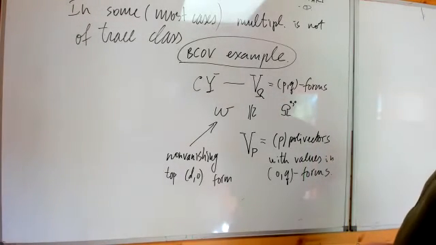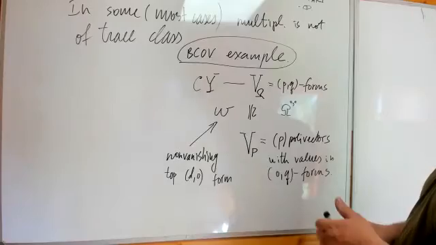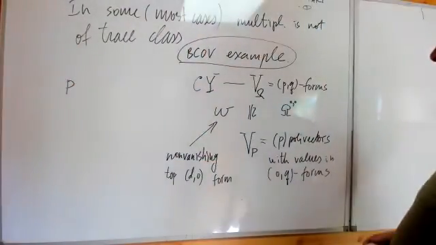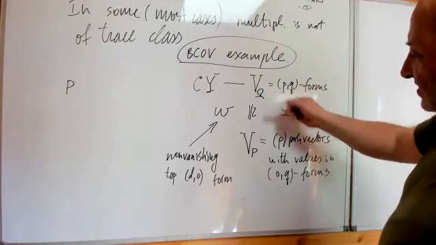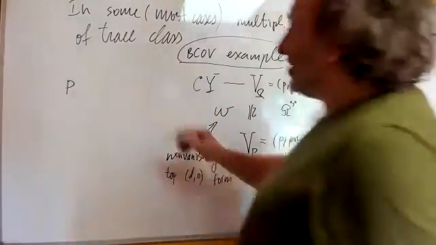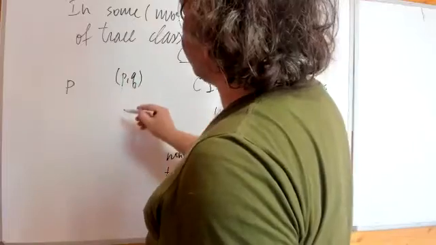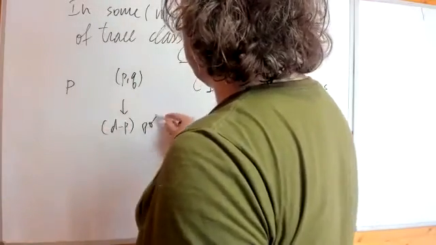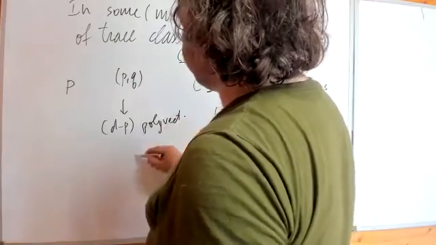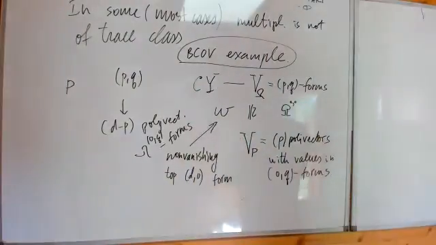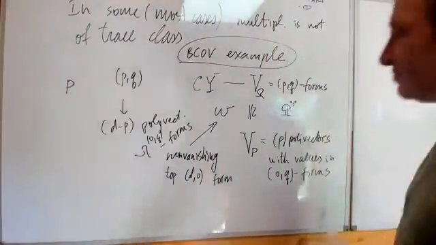So this isomorphism switches between P and D minus P. It identifies PQ forms with D minus P polyvectors valued in 0Q forms.